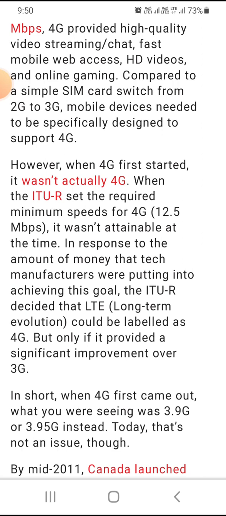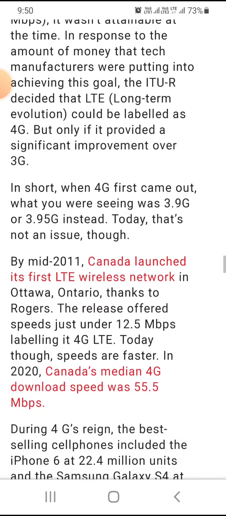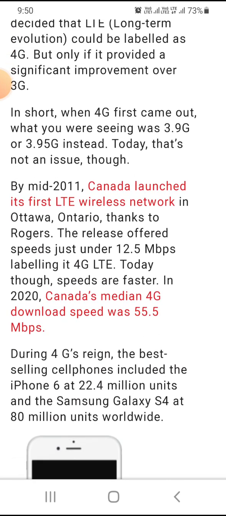Today, that's not an issue. In 2010, Canada launched its first LTE wireless network in Ottawa, Ontario, thanks to Rogers. This release offered speeds just under 12.5 Mbps, labeling it 4G LTE. Today's speeds are much faster, as of 2020.